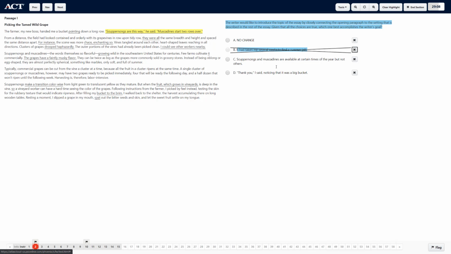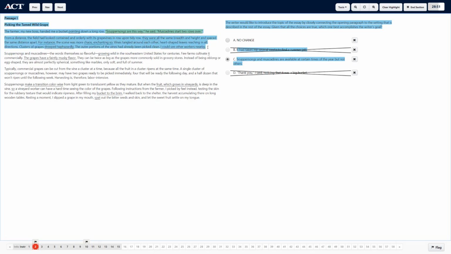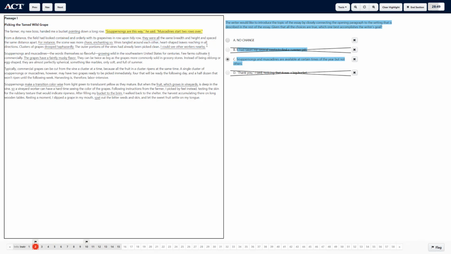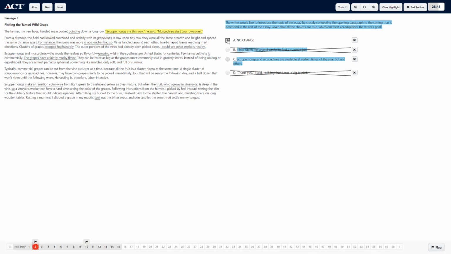This could be misleading, but this as well. This could be misleading because it's describing scuppernongs and muscadines, but this is incorrect because the focus of this paragraph is to introduce scuppernongs and muscadines, and this paragraph is about describing it. So in this first paragraph, option A is the best option, and we can end this.